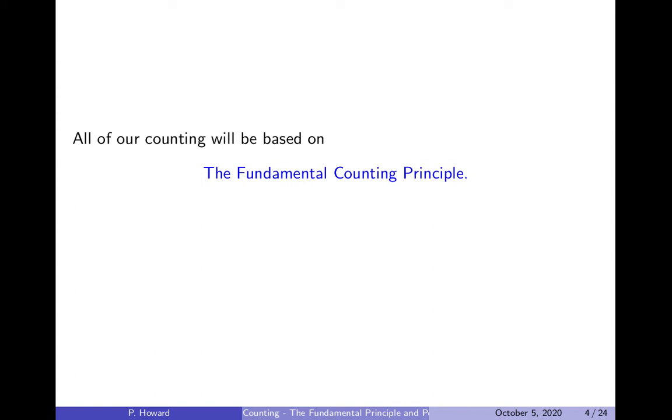So all of this advanced counting that we will be doing is based on what's called the fundamental counting principle. Beginning with an example is probably the best way to go here before giving you the principle.